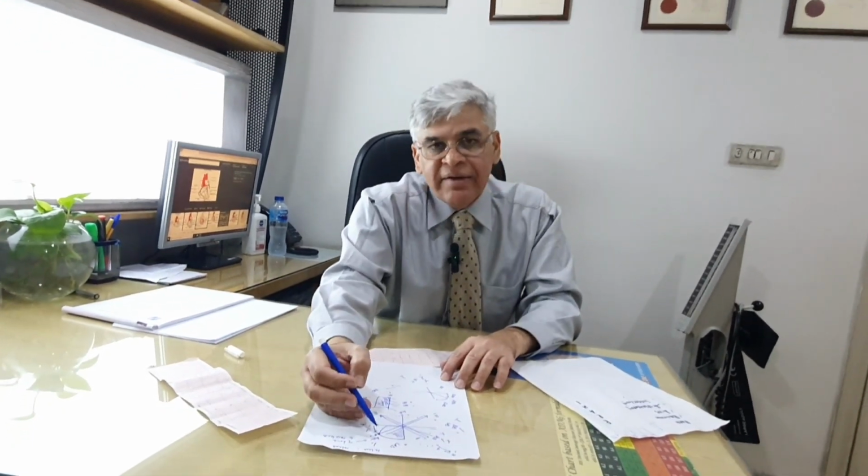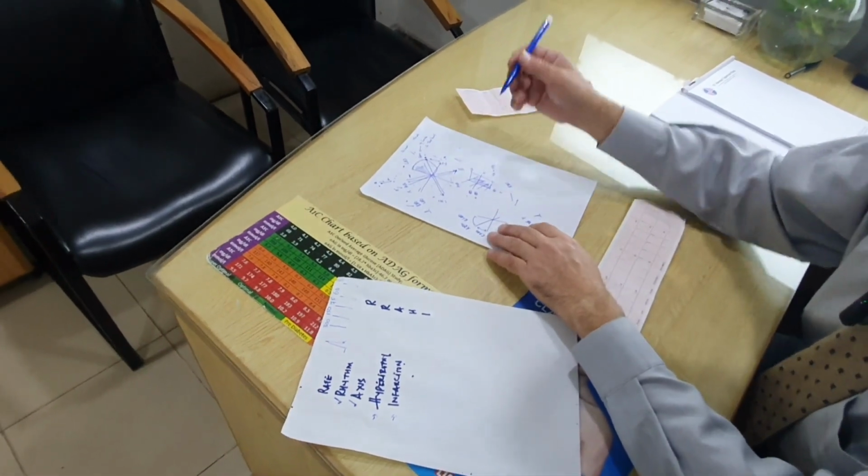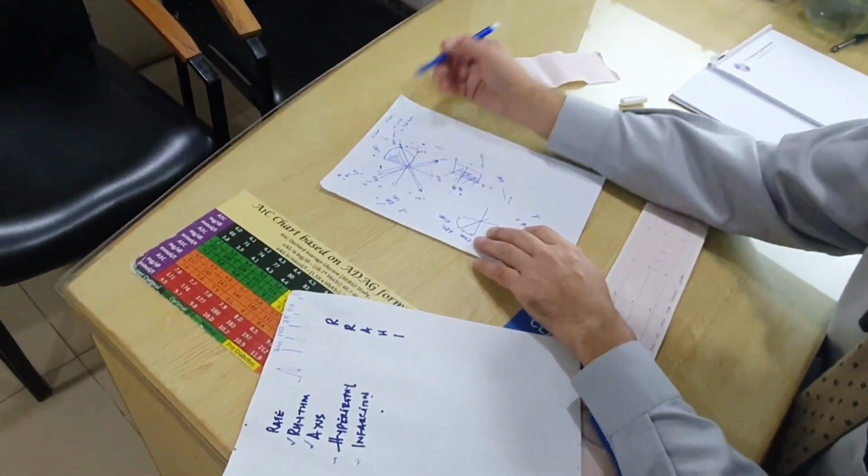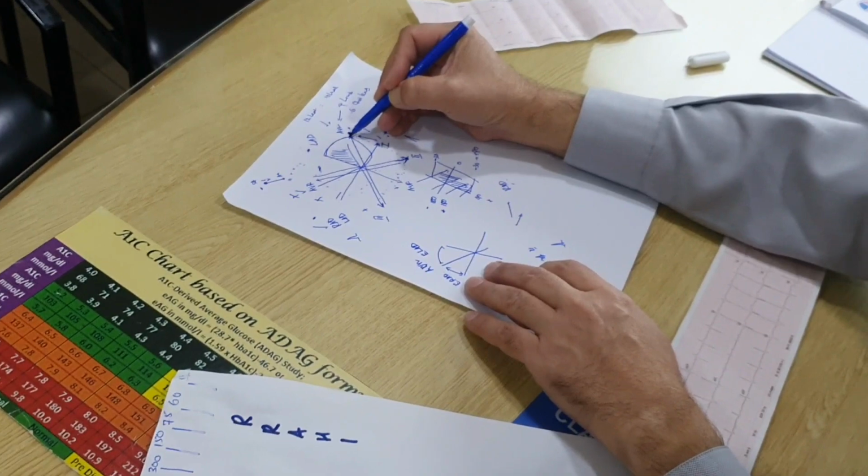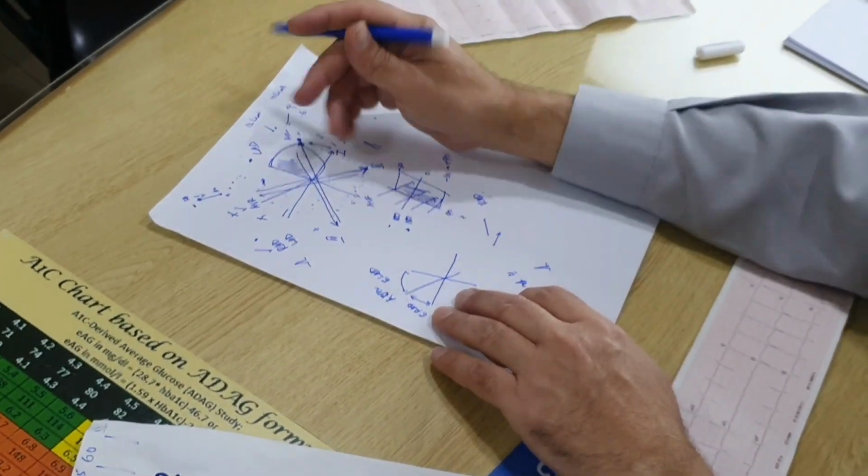Now, when it comes to ventricular hypertrophy, what we see is the left or the right ventricle. If you remember from when we checked the axis, lead AVL was actually facing towards the left shoulder.